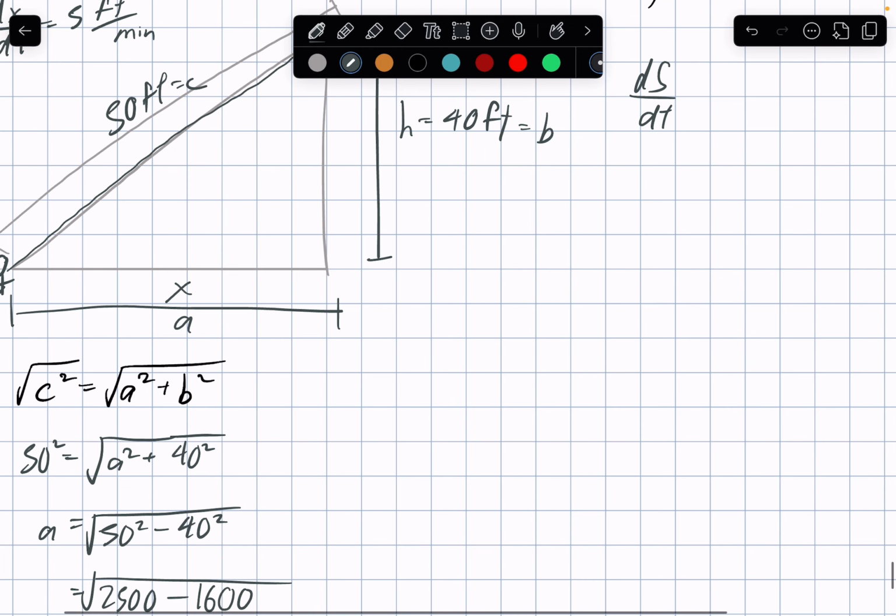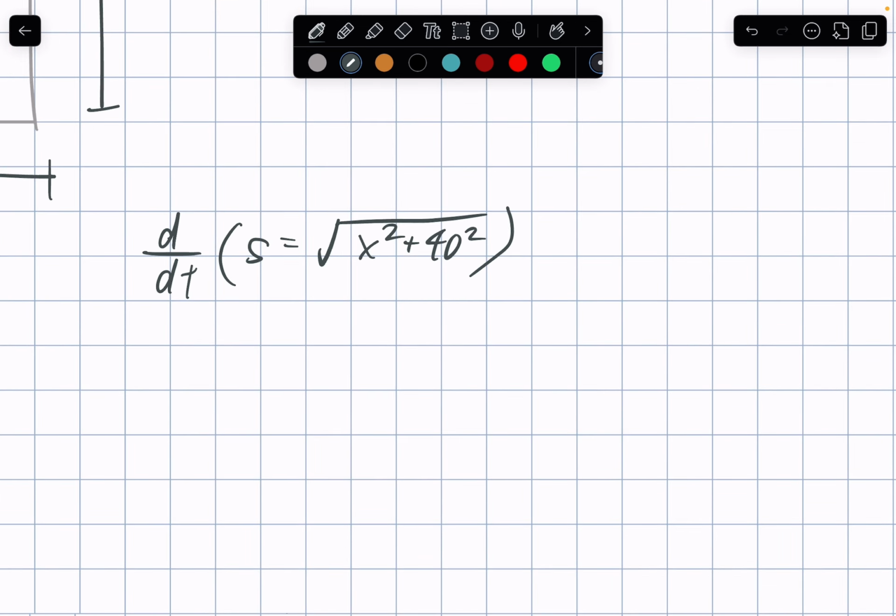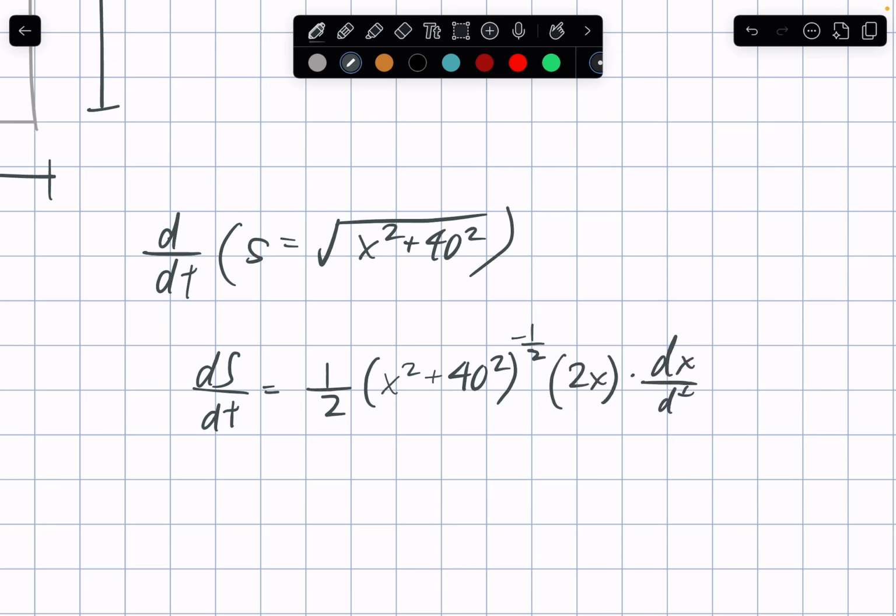So let's move on now to finding ds over dt, or basically deriving s is equal to the square root of x squared plus 40 squared. One half times x squared plus 40 squared raised to negative 1 half times 2x times dx over dt.